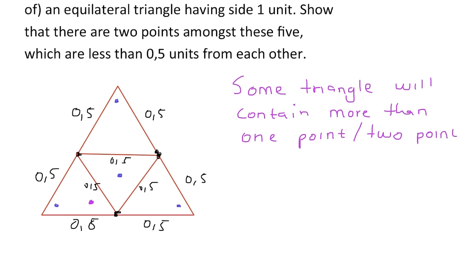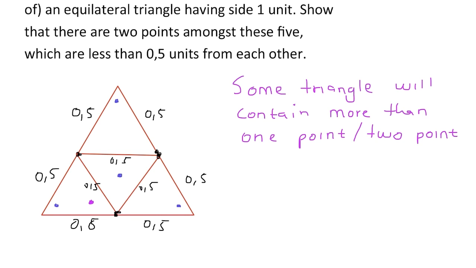Okay, and these 2 points will obviously be less than a half unit from each other, because the longest side of that triangle will be a half itself. Okay, I hope that makes sense.